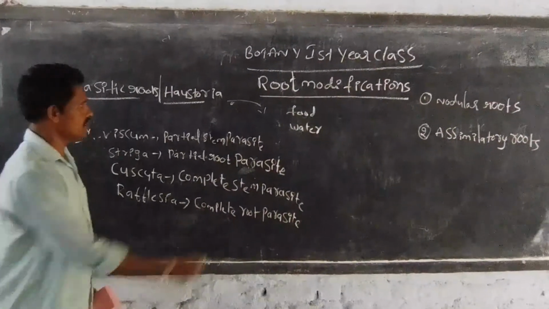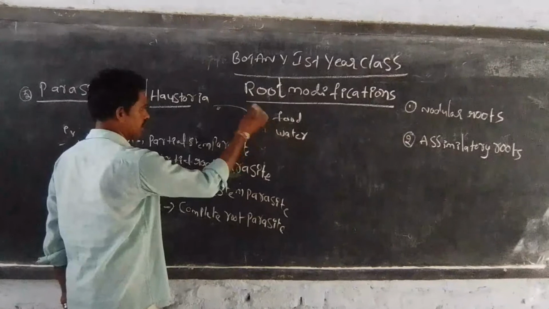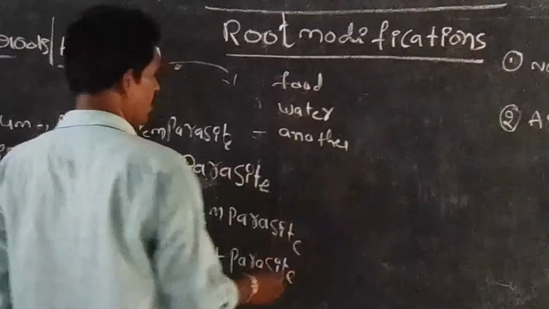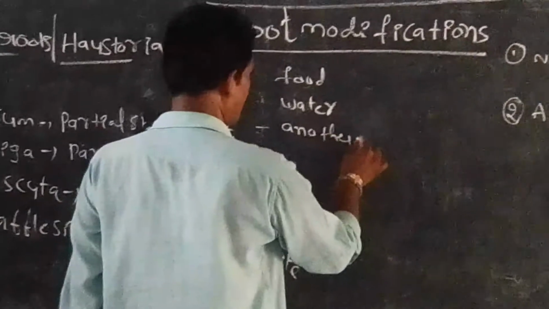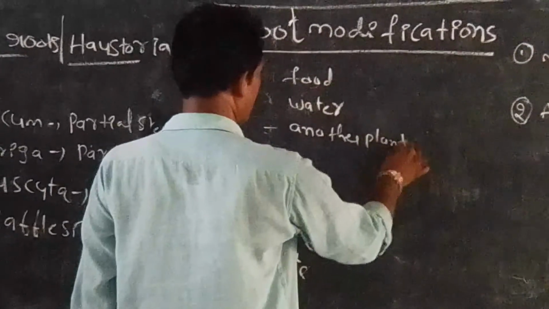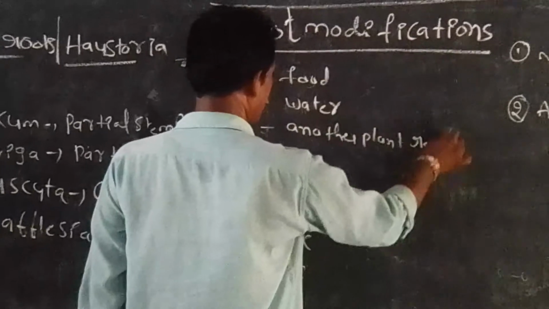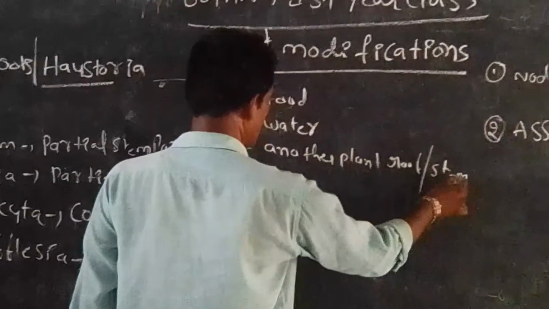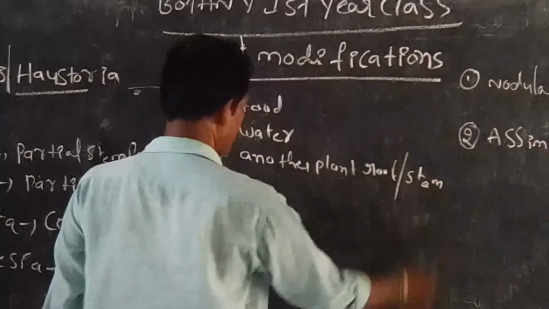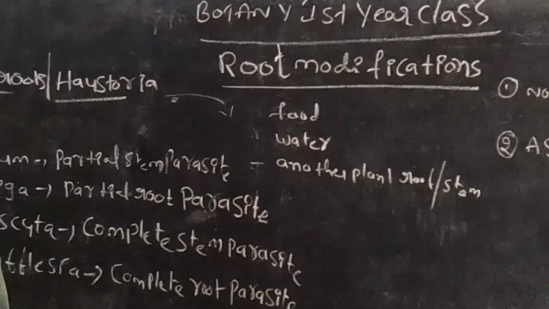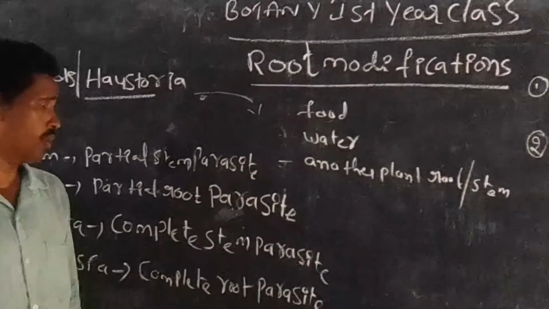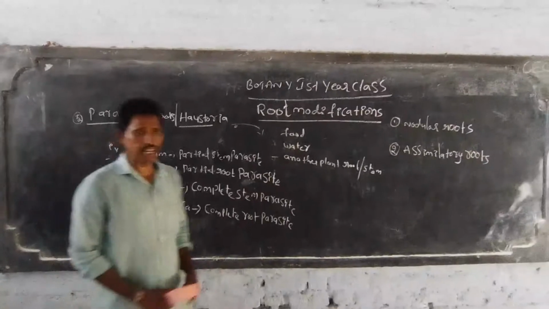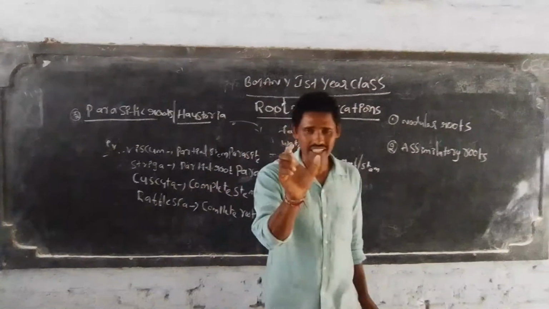Plants that get food and water from parts of another plant's root and stem: they get food from the root, food from the stem, water from the root, and water from the stem. Such plants are called parasitic plants.